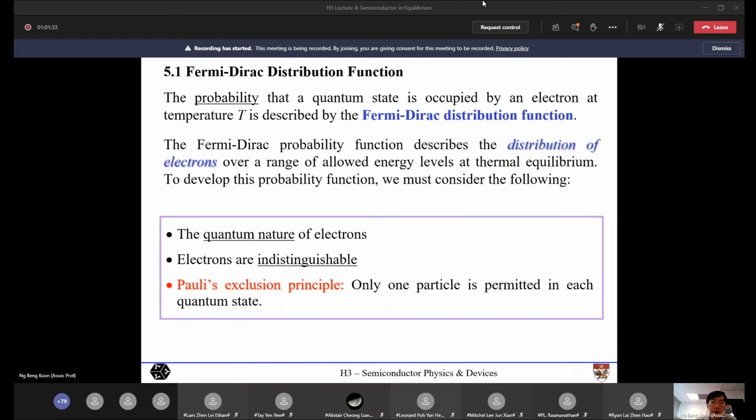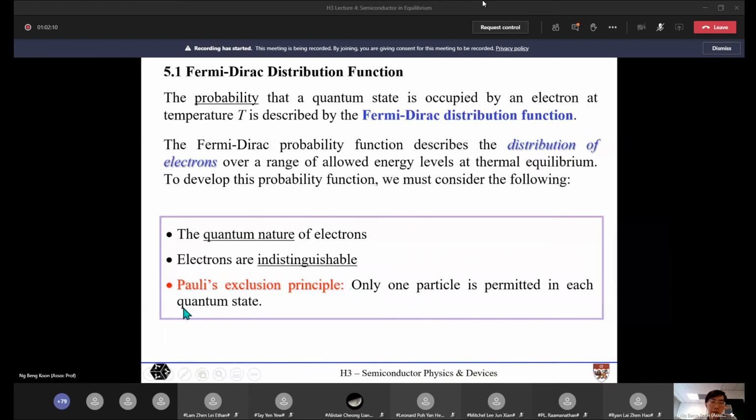This probability function has an underlying assumption, which is that the electron has a quantum nature, and this is taken into account in the Fermi-Dirac probability function. The function also assumes that electrons are indistinguishable. It doesn't distinguish between electron A or electron B being present at whatever state. As long as it's an electron, that's the probability. So it doesn't care whether it's A, B, or C.